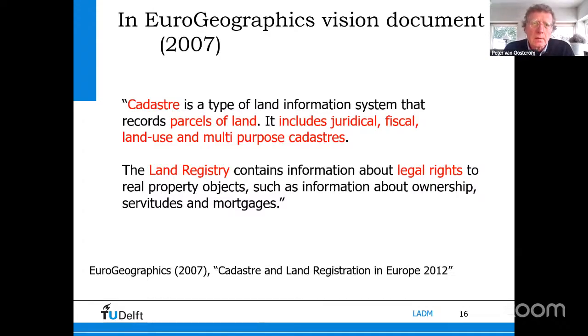And it also has this fiscal aspect to pay tax on that land. It can also be used for future development and planning. And the legal aspects are typically found in the land registry, the owners, the mortgages, the servitudes.